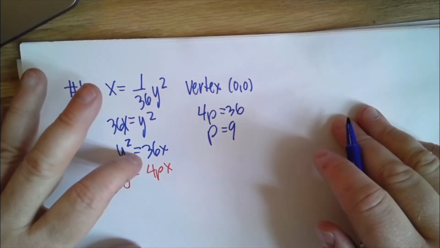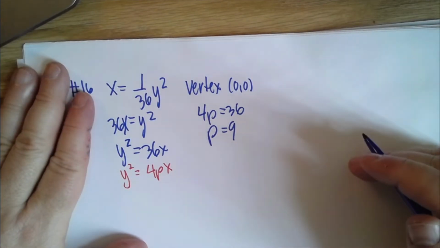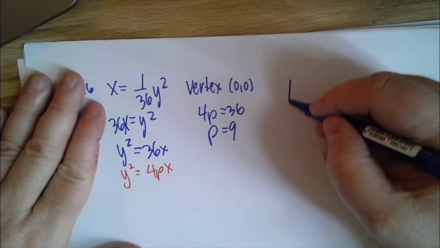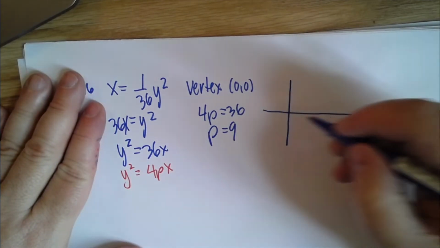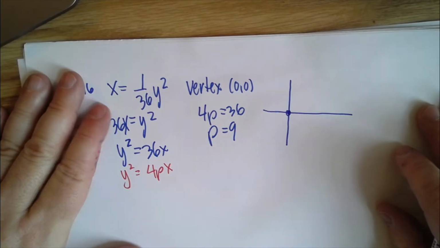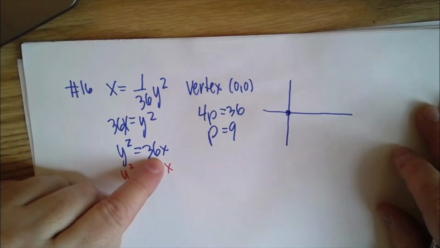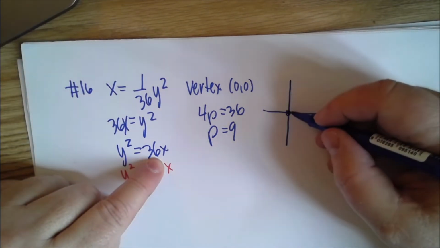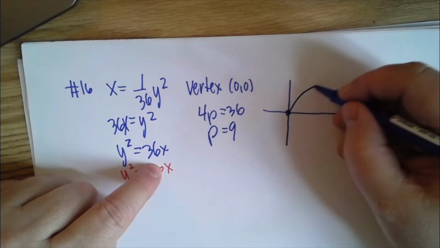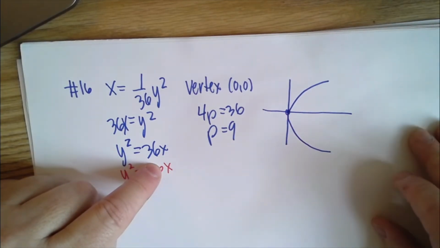So this is a positive value, and we know the vertex is at 0, 0 here. The x is the linear term, so I know I'm opening up to the right because it's positive. So I get something that looks like that.